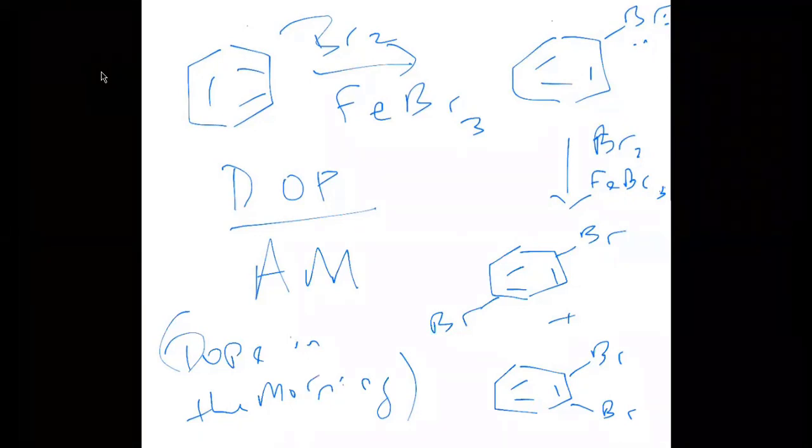Are y'all following that or no? Yes, you're saying if it's a donor, it's going to have two products, and if it's an acceptor, it's going to have one product. Yes. In the meta. Acceptor is a meta director, and a donor is an ortho-para director.